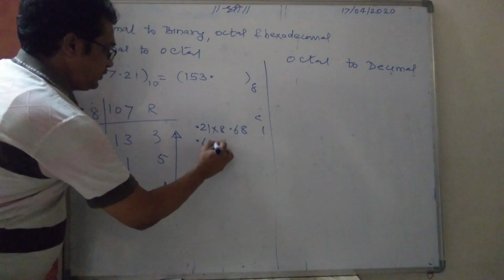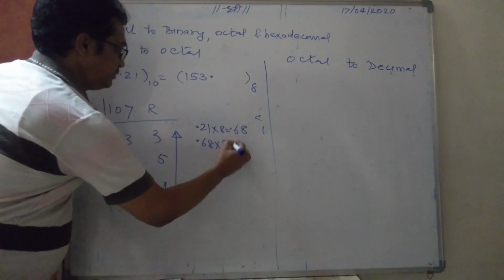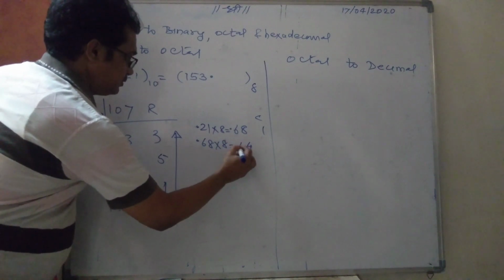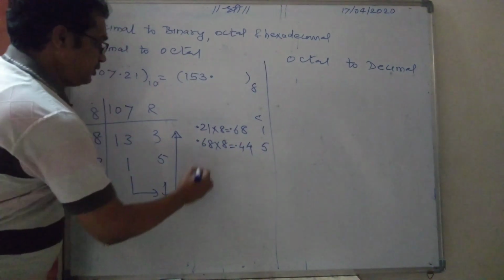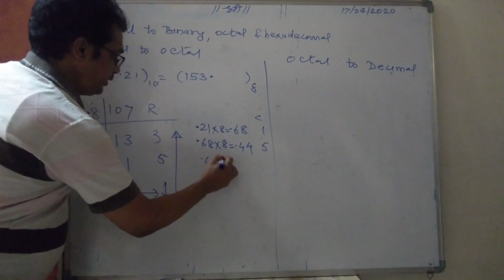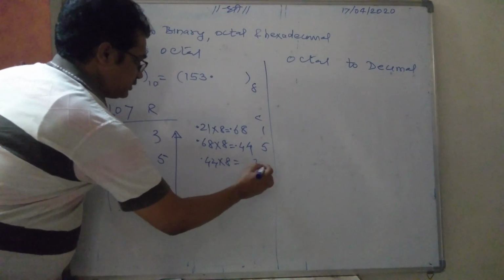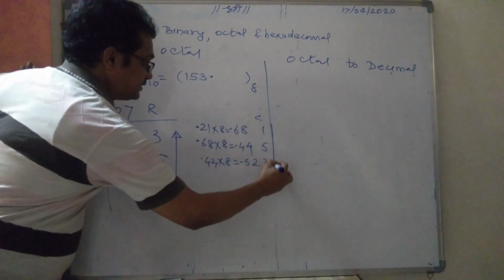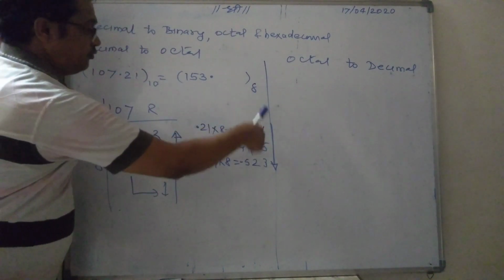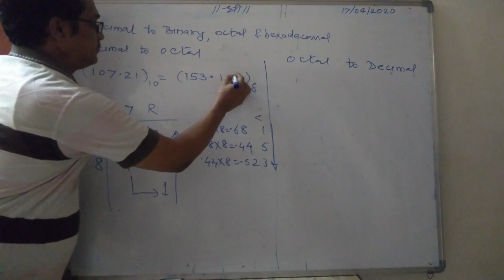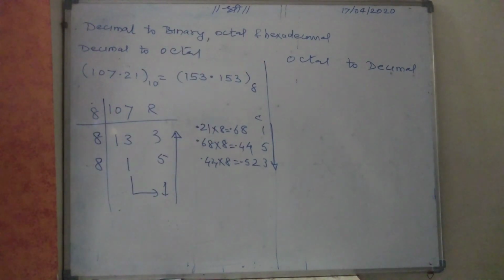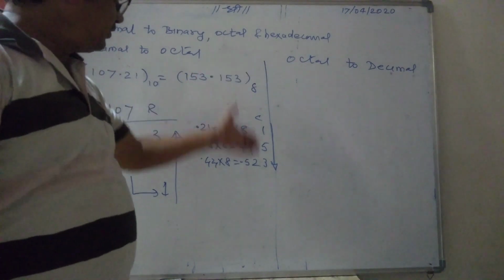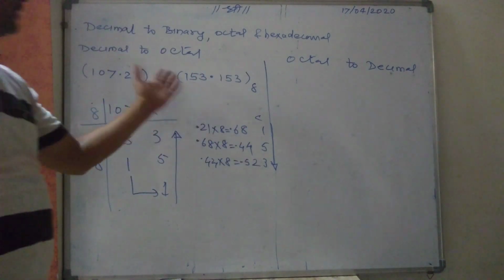Then 0.68 into 8, 5.44. Then 0.44 into 8, 3. So we will write this number from top to bottom: 153. This is 153 in the upward direction and 153 in the downward direction, so see the coincidence.